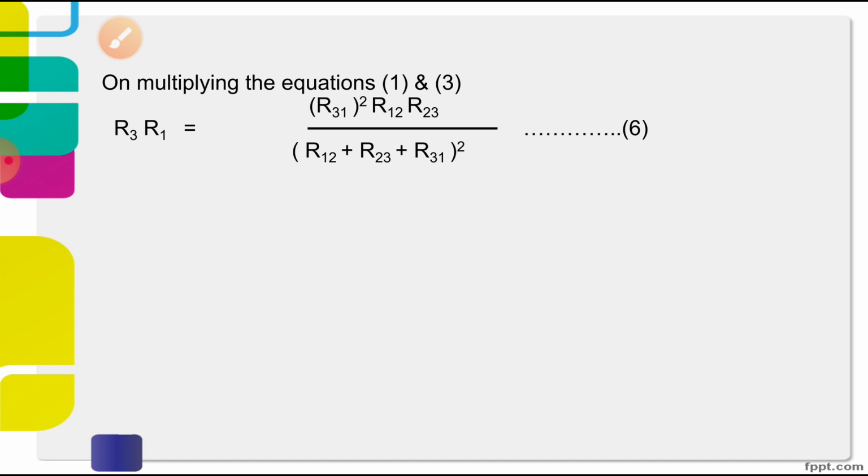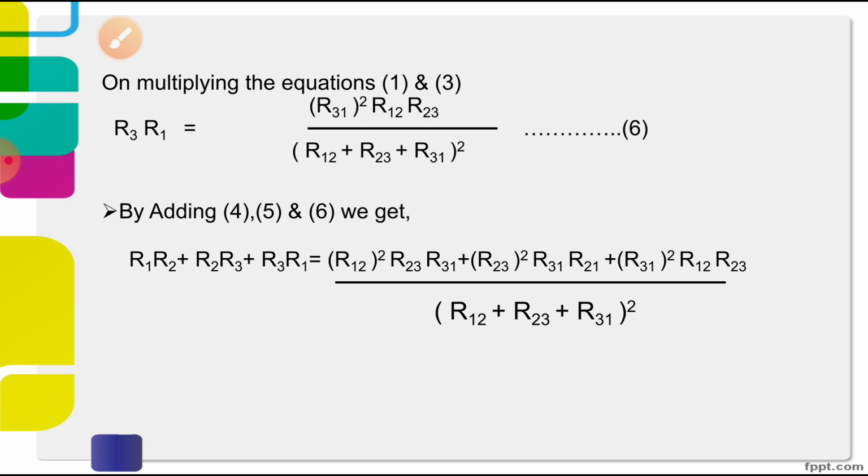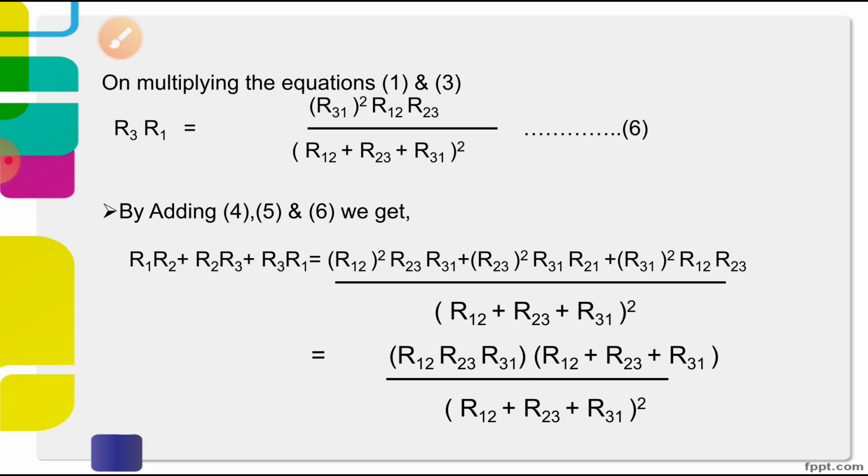Now equations 4, 5, 6, add them. Then we get one common equation, this is the seventh equation.